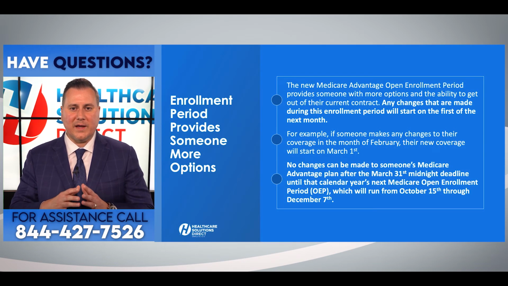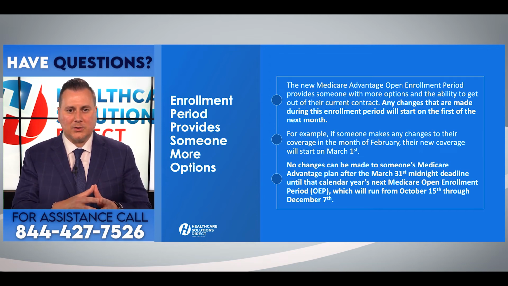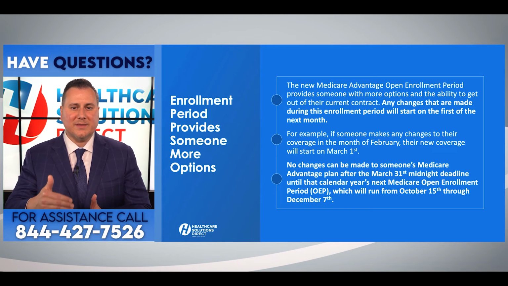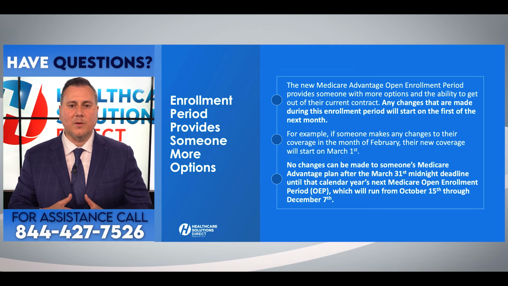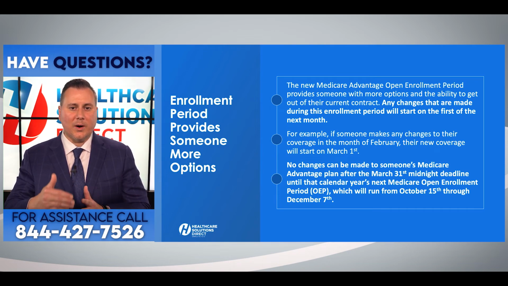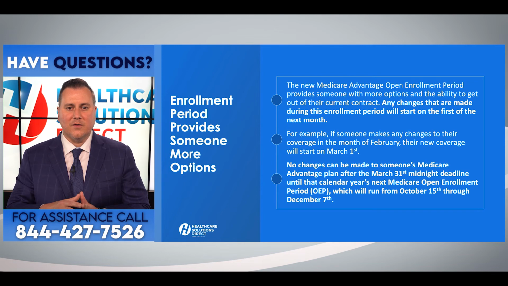So the new Medicare Advantage Open Enrollment Period provides someone with more options and the ability to get out of their current contract. Any changes that are made during this enrollment period will start on the 1st of the next month. Let me give you an example. If someone makes any changes to their current Medicare Advantage plan, let's say in the month of February, their new coverage will start on March 1st. It'll start on the 1st of that next month.